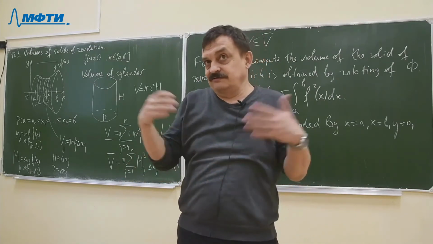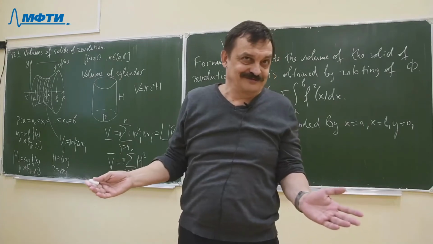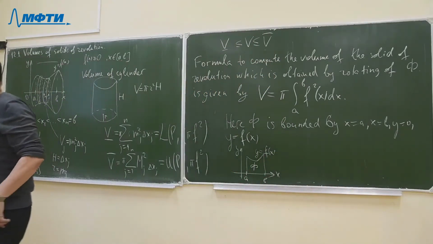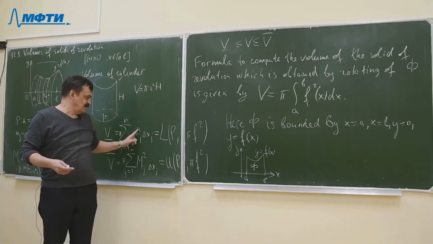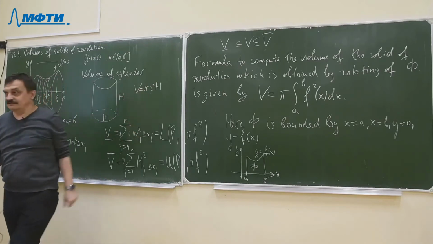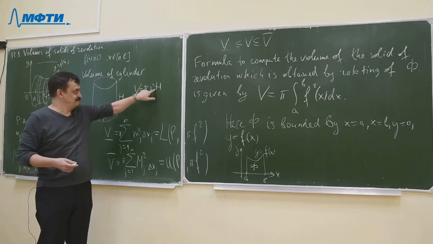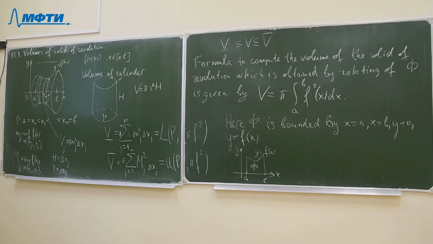Once again, this formula was not proved in school, I'm sure. It used f squared because of r squared, the square here.